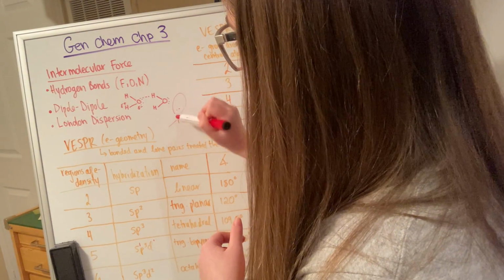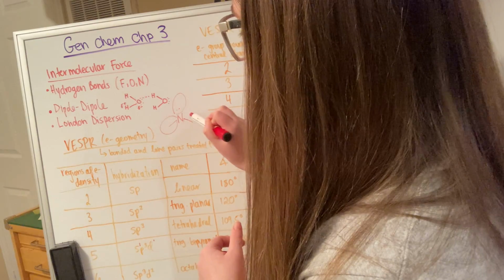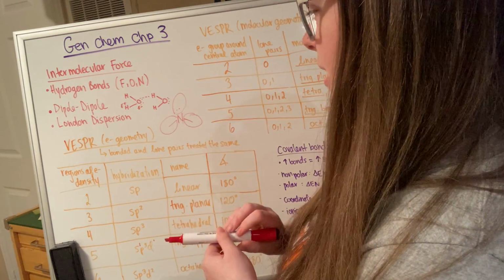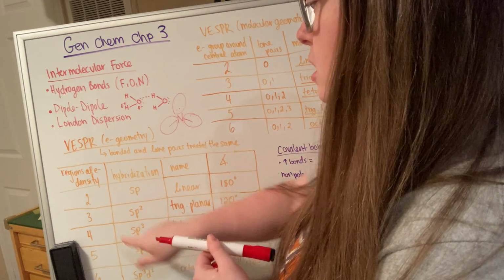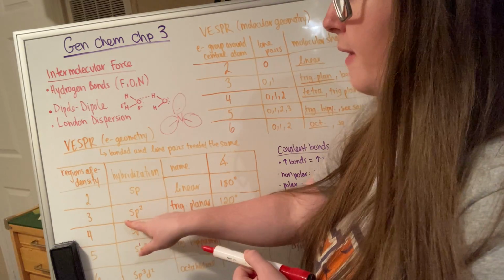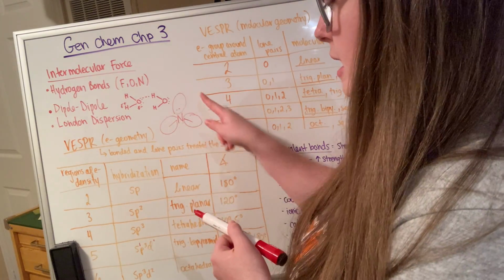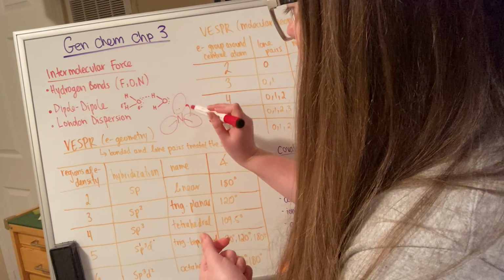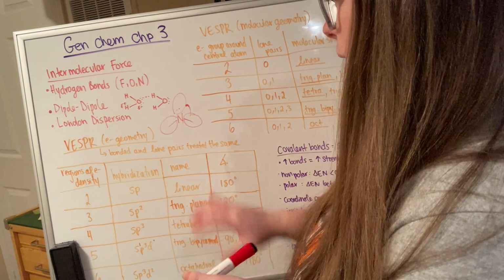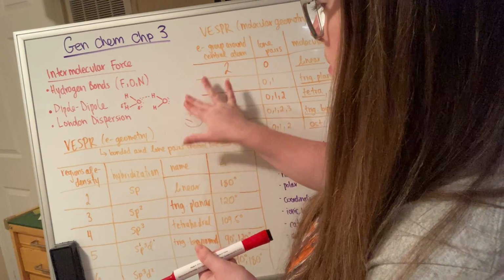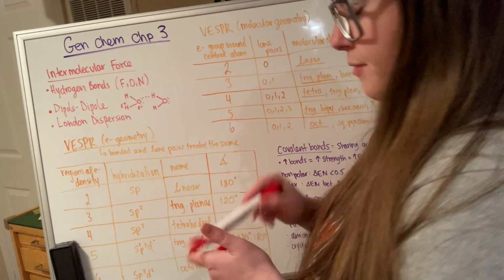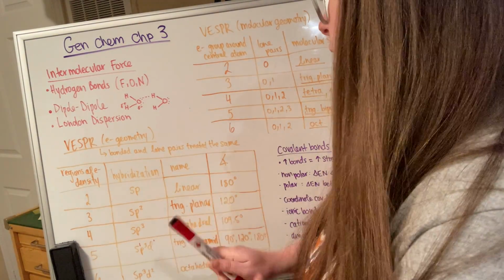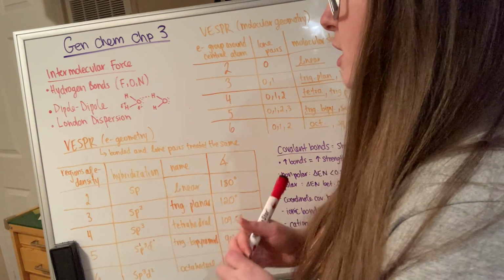This is one region, this is one region, and this is one region. Okay, so that's 3 regions of electron density. That means it's sp2 hybridization. This is trigonal planar, and the bond angles are 120 degrees, okay? So again, that was just an example to show the electron density regions that we're talking about. Next we have, if we had 4 regions of electron density, right?